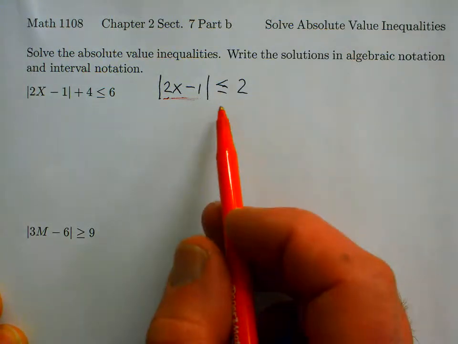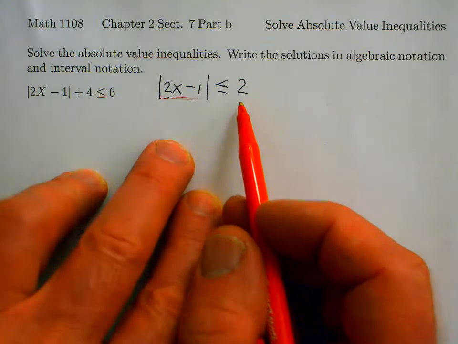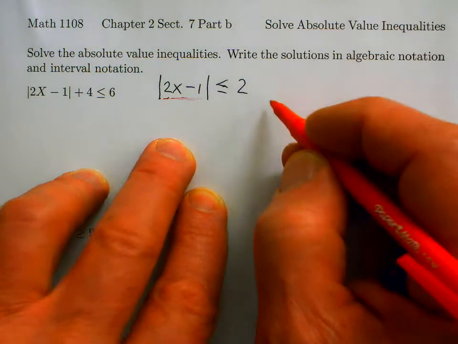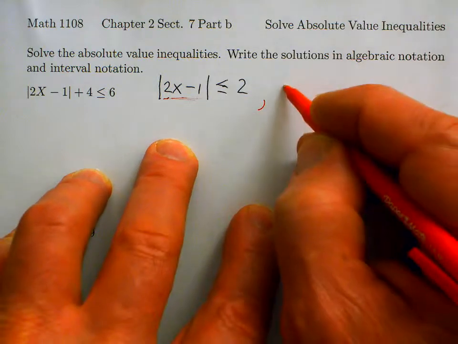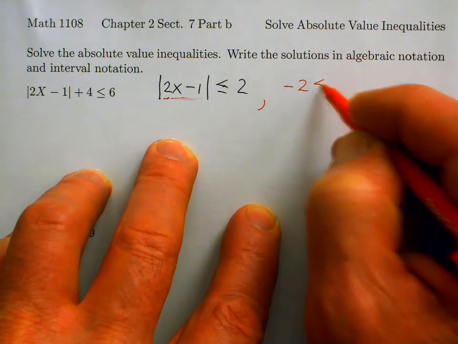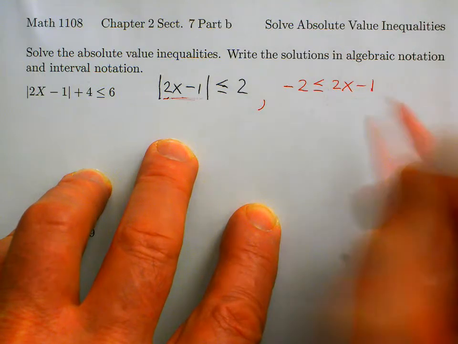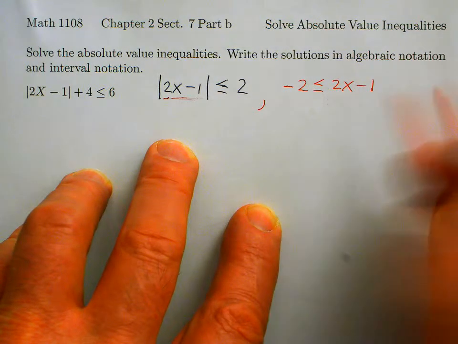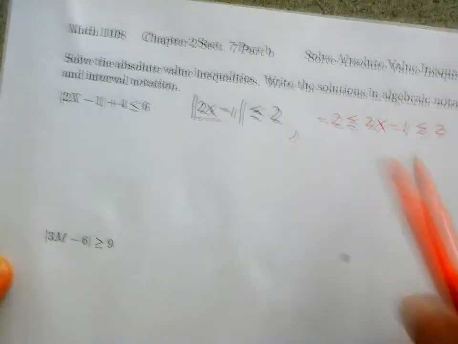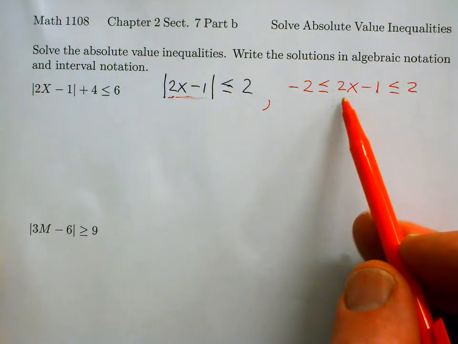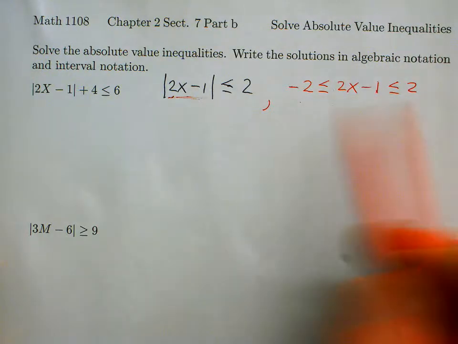If its distance from 0 is less than or equal to 2, then we can remove the absolute value symbols and we can write negative 2 is less than or equal to 2x minus 1. And at the same time, 2x minus 1 is less than or equal to 2. So do you agree the numbers that have the form 2x minus 1 are in the interval between negative 2 and 2?